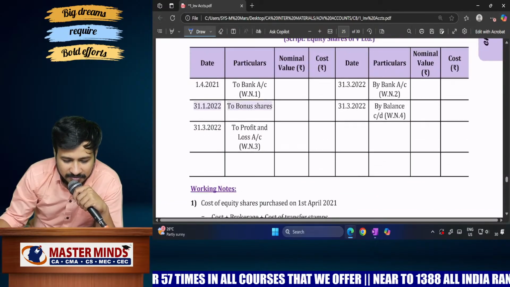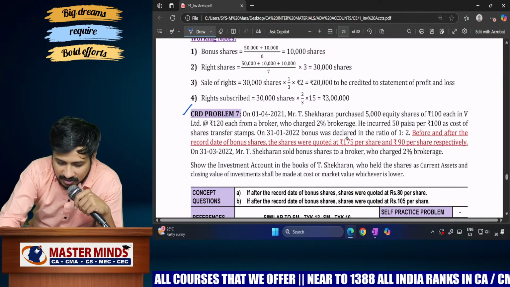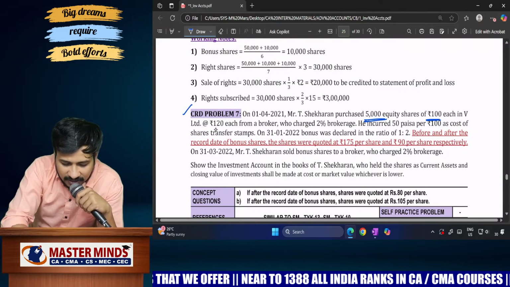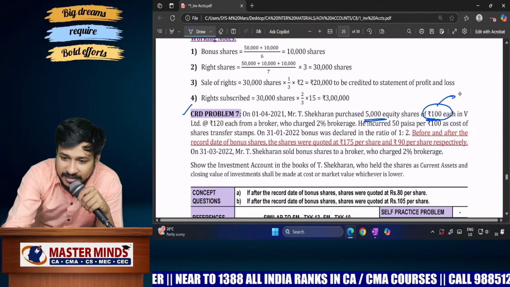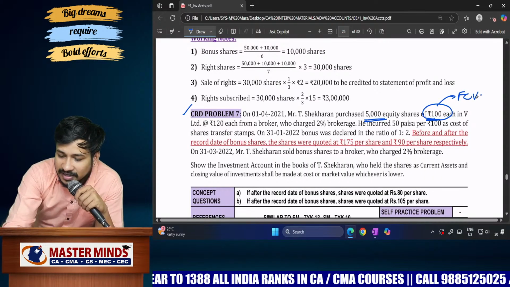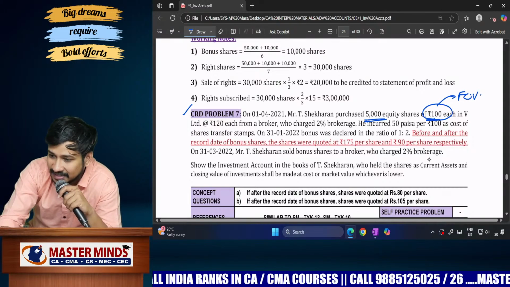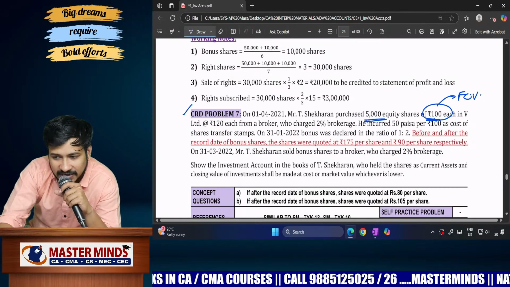Now coming back here. 5,000 equity shares purchased at a price of rupees 100 each, and this 100 implies face value. Generally, if nothing is mentioned, the face value of an equity share is 10, but here since it is clearly mentioned, you need to consider 100.